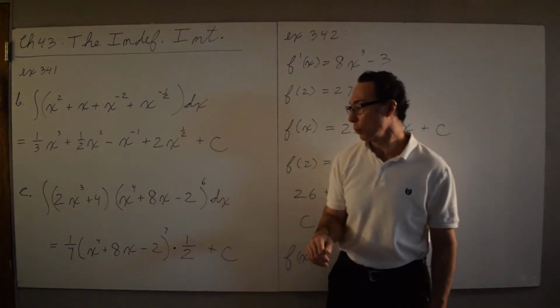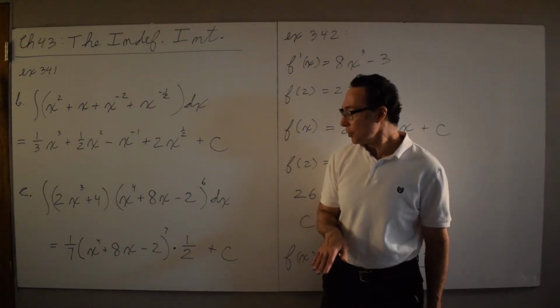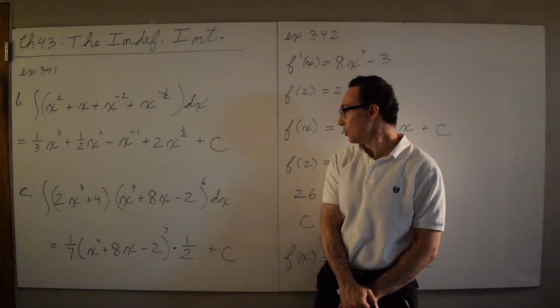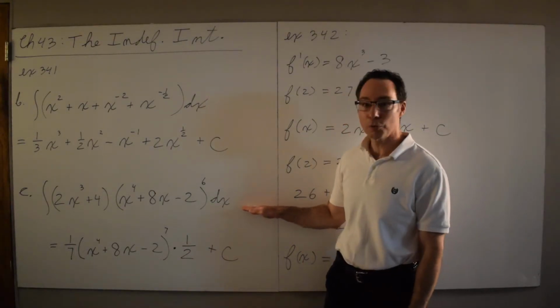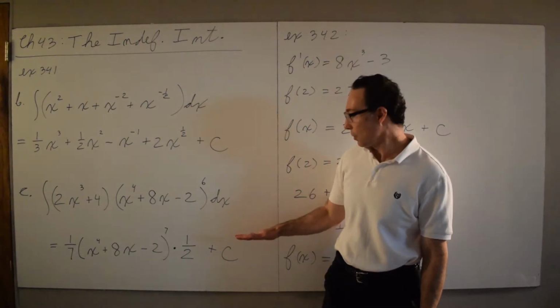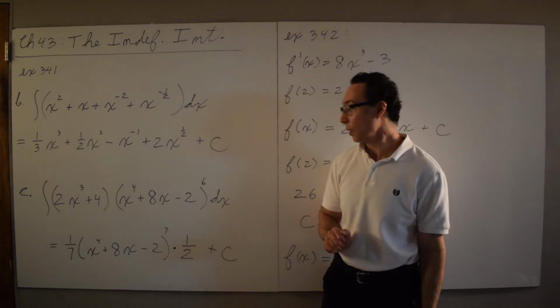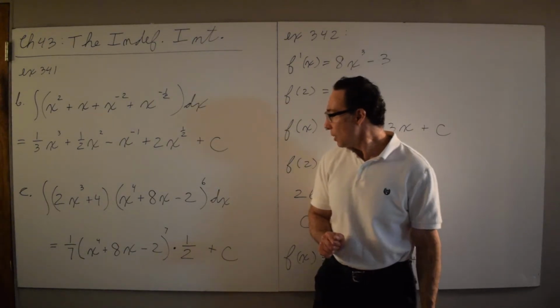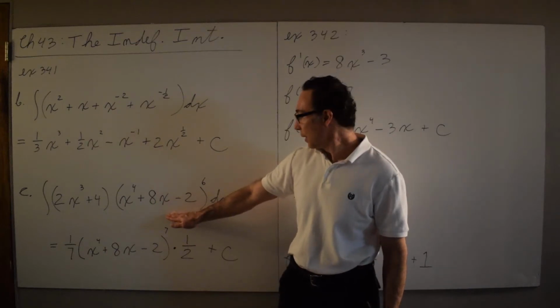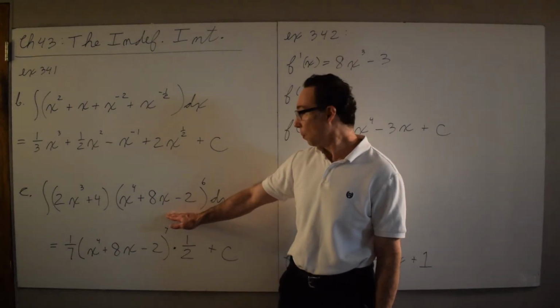Part C is a little tricky. Part C will be easier to do when we get to the chapter on substitution, because this is a good candidate for substitution. But it's also something we can handle now simply by analyzing an antiderivative. So we have a function that looks like it was differentiated using the chain rule.